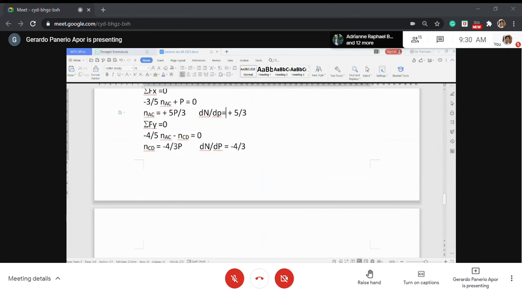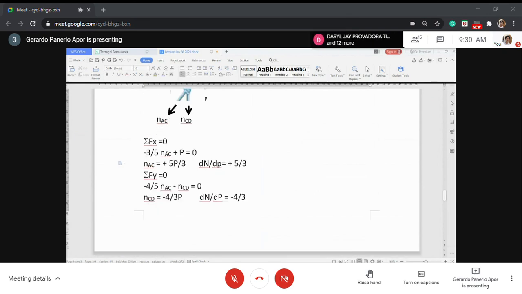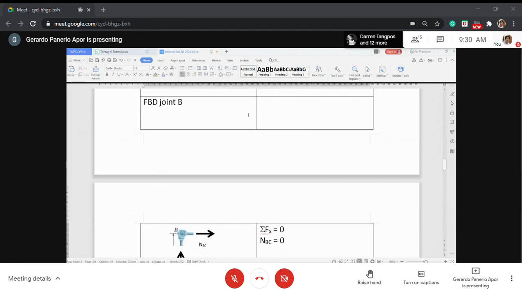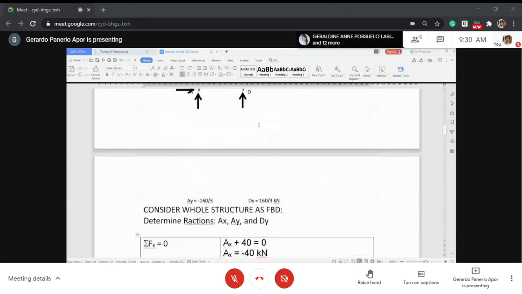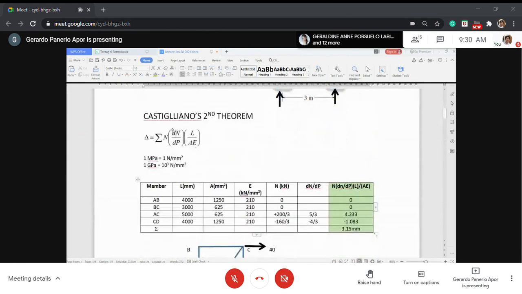Okay. And summation of forces Y, you have in CD equals negative 4/3 P, then the derivative in dP is negative 4/3. So we need this EC. Yeah, in EC 0. Okay. So in the formula, actually, the first parenthesis here is the in dP.